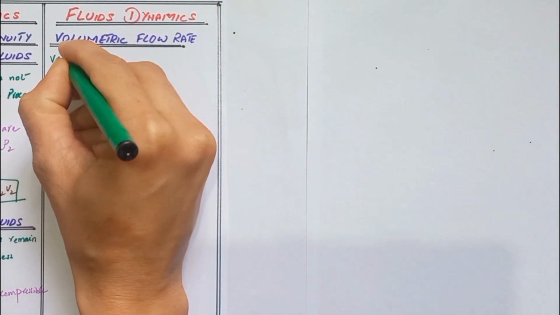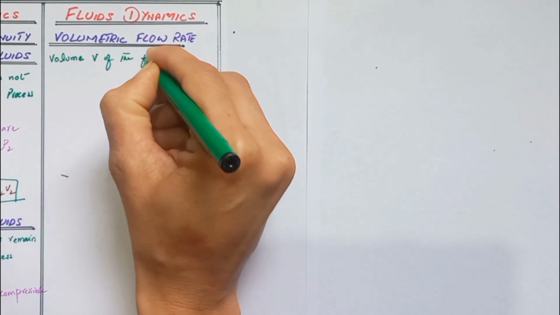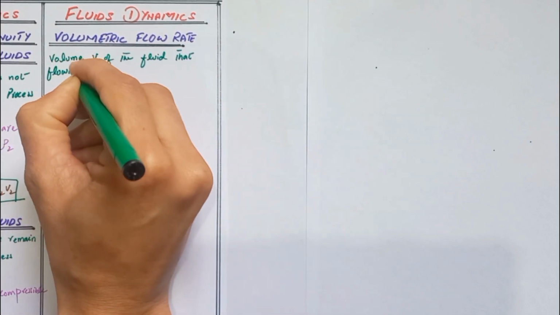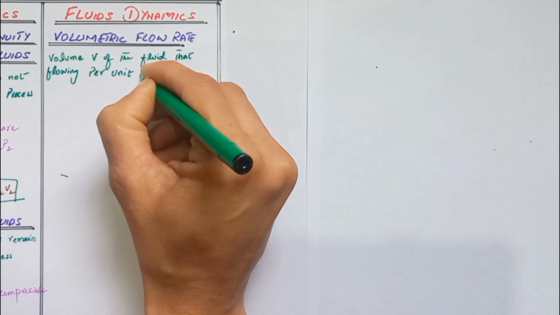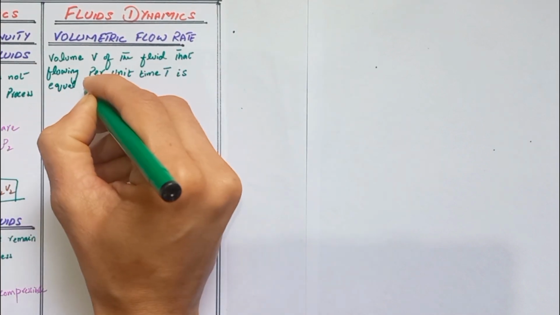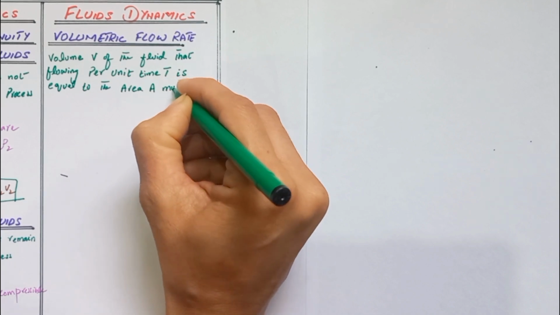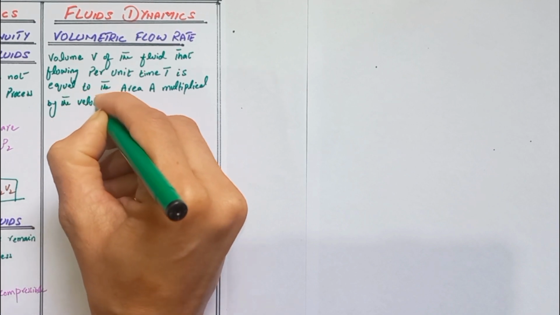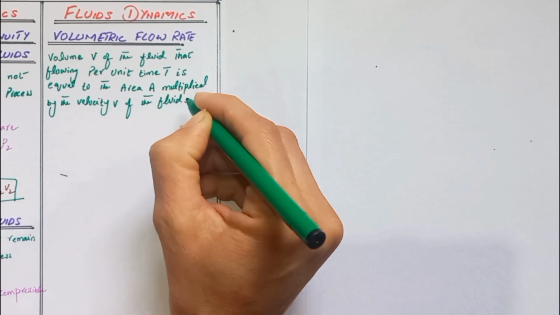Volumetric flow rate is the volume V of the fluid that is flowing per unit time t, equal to the area A multiplied by the velocity v of the fluid.